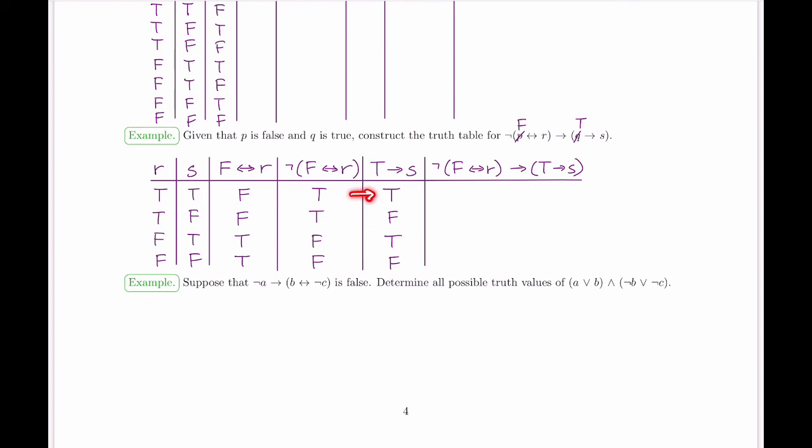True implies true. That is true. True implies false. That is the false statement. False implies true. As long as we're starting with the false, it's actually going to be true. So this is true. And we have false implies false is also going to be true. And that is going to be the truth values for the expression that we were given.